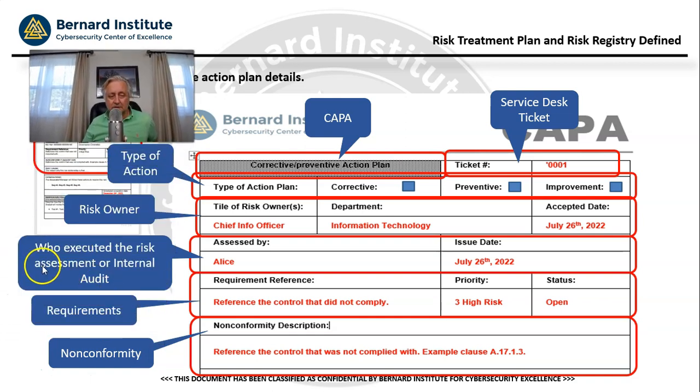Covering up these boxes over here. Who executed the risk? That was the internal audit or the risk assessment person. So it could be the name of a risk assessment person here, risk analyst. Requirements for it, the nonconformity. This says a specific reference back. In this case, it's again back to the ISO 27001 reference. So if you want to know what that control objective is, you could look it up. You could copy it and paste it in here. That might help.